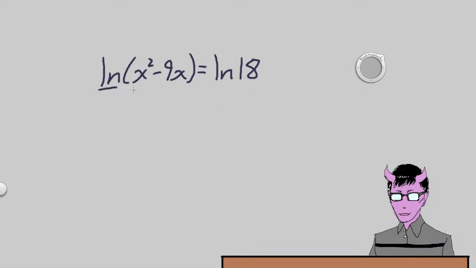You can see that the log has been applied to left-hand side, and then the same log has been applied to right-hand side. So we can simply negate both sides, so cancel out the log function by exponentiating, right? So that's the official step. If you're lazy like I am, we're just going to say the argument there is equal to the argument there. So that's kind of lazy strats, okay?